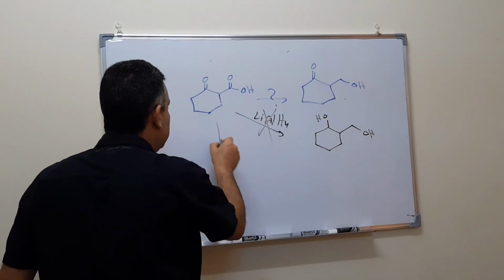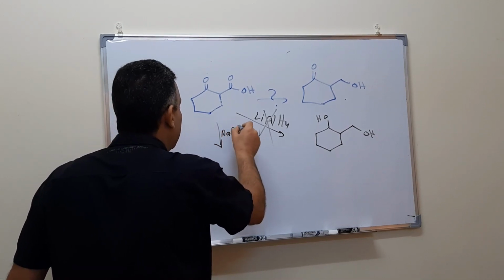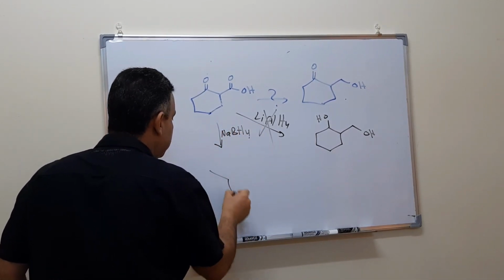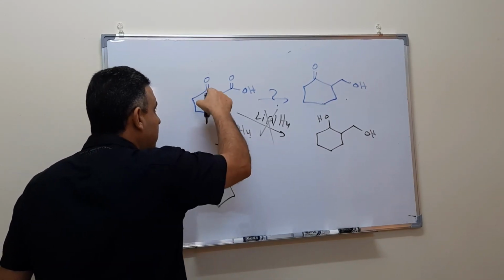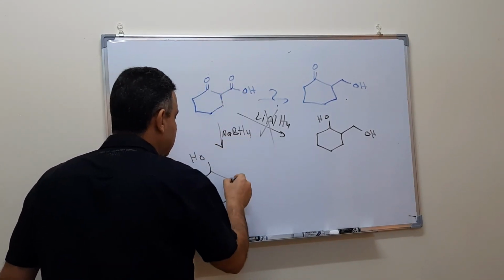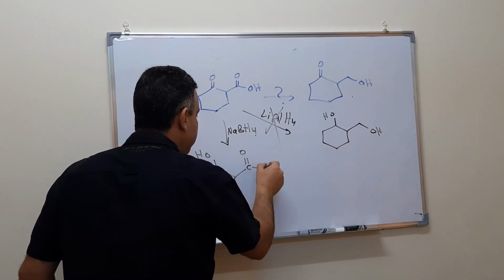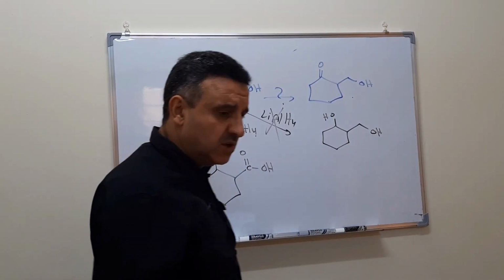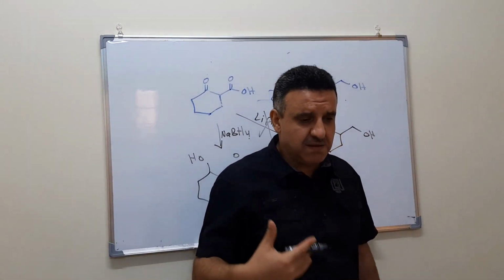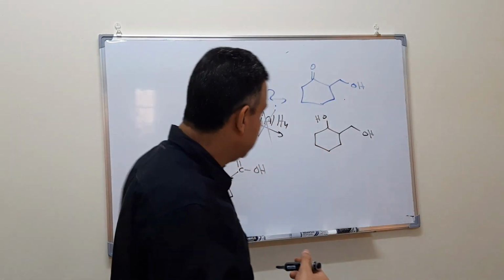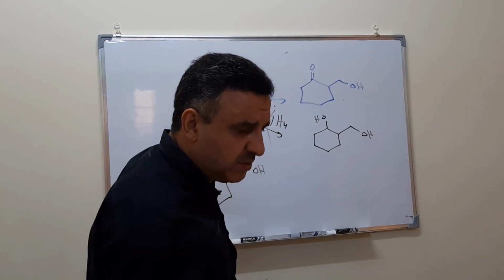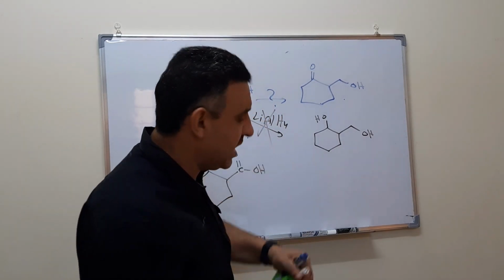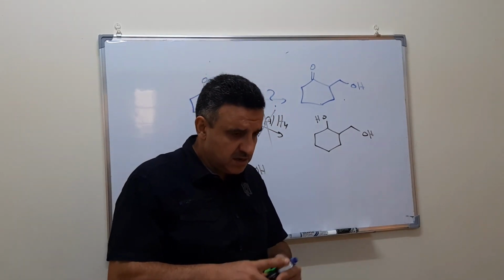Now, if we use sodium borohydride directly, we are going to reduce the ketone, but we cannot reduce the carboxylic acid because, as we explained before, sodium borohydride is a very mild reducing agent. So this again does not give what we want. So both ways are not working.